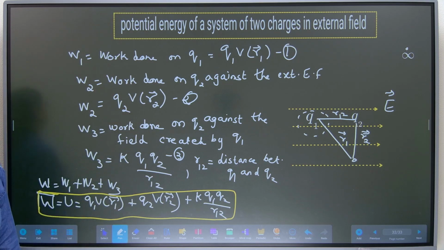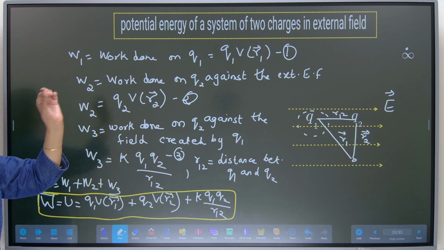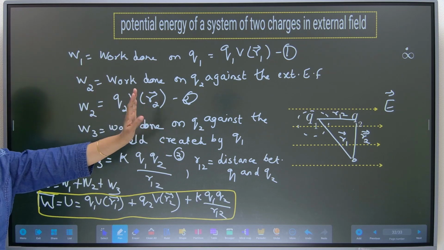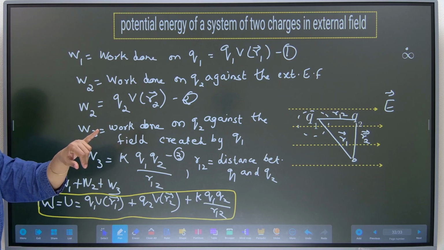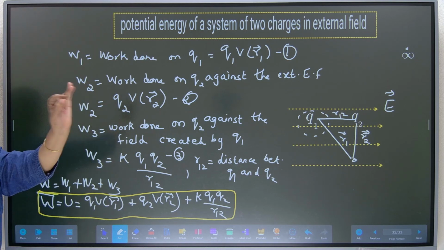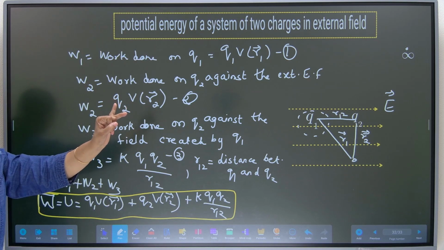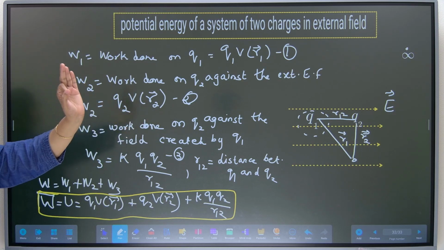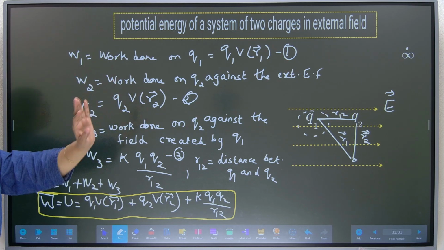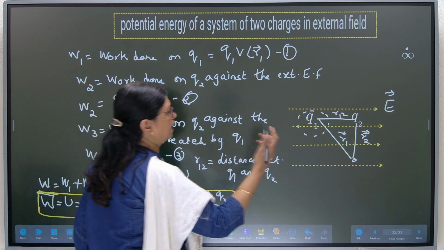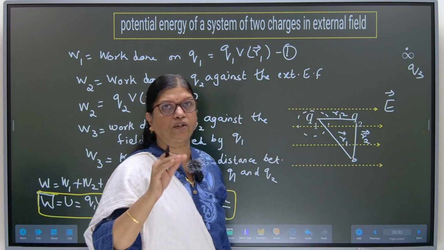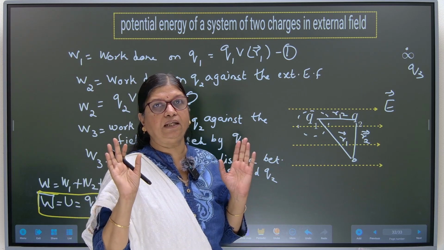I'll have to bring Q3 against the external field itself, then against the Q1 field and against the field due to Q2. Fine. This is just an extension, it is not there in the textbook, but you can logically remember.